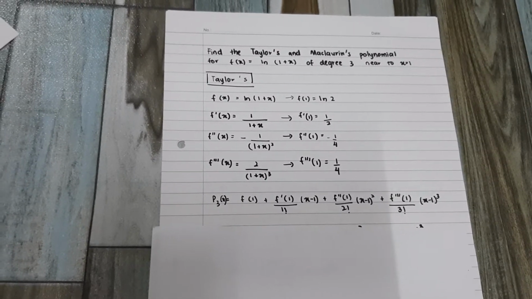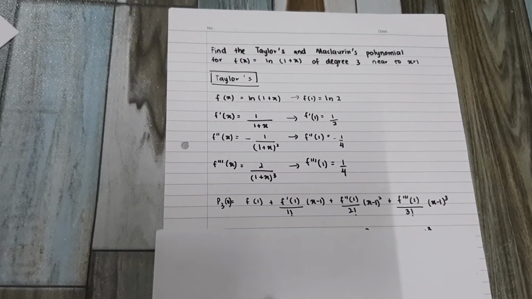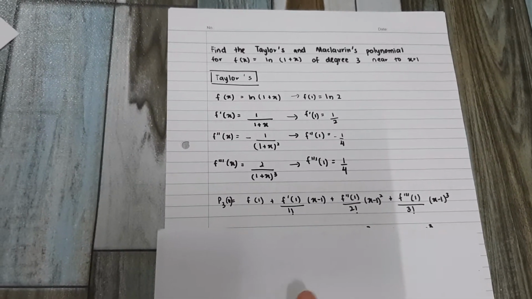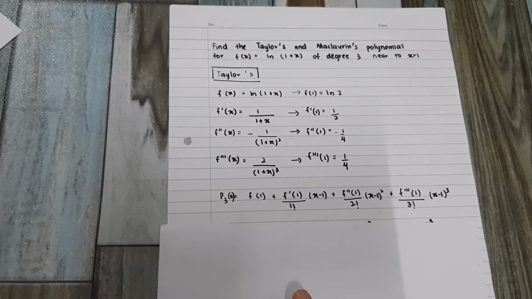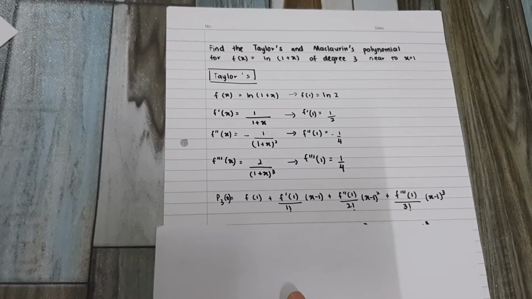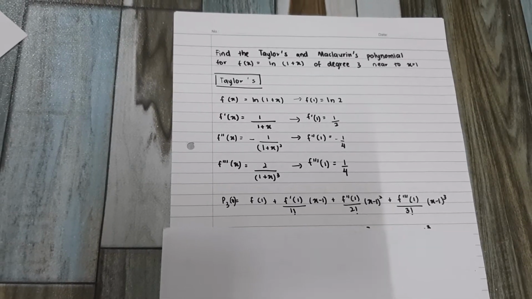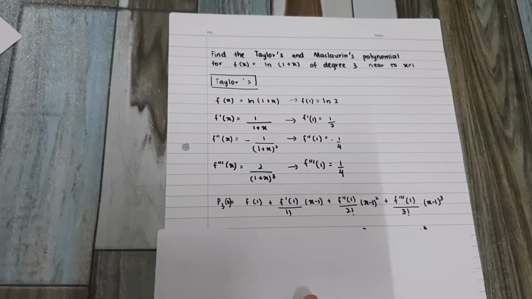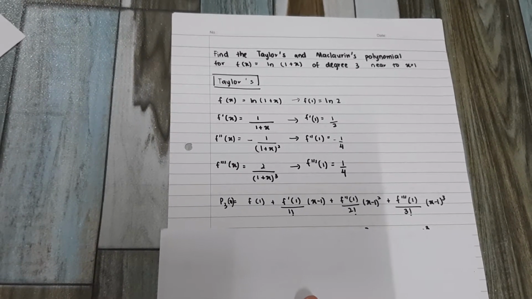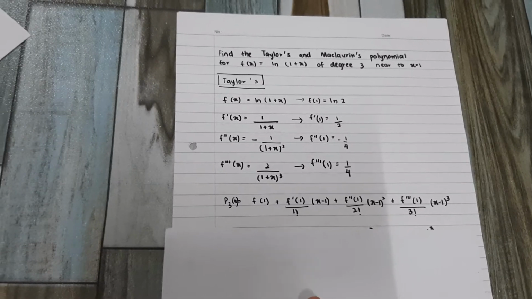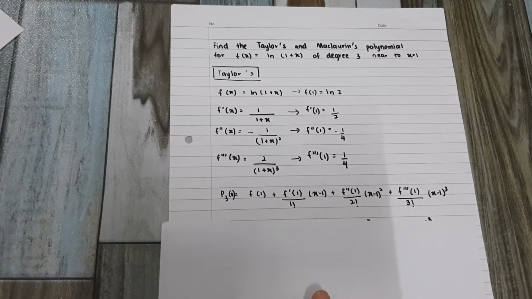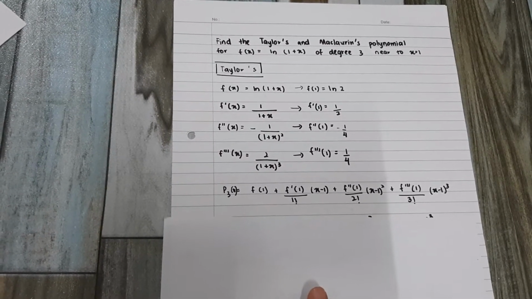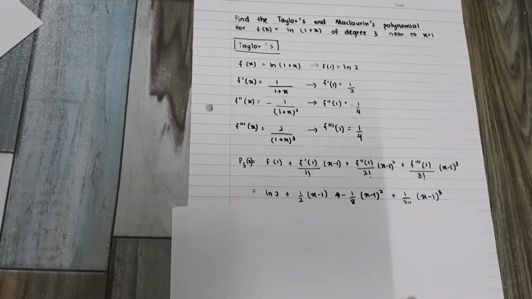We use the polynomial of degree 3: P3 of x is equal to f of 1 plus f prime 1 divided by 1 factorial times (x minus 1) plus f double prime of 1 divided by 2 factorial times (x minus 1) squared plus f triple prime of 1 divided by 3 factorial times (x minus 1) cubed.